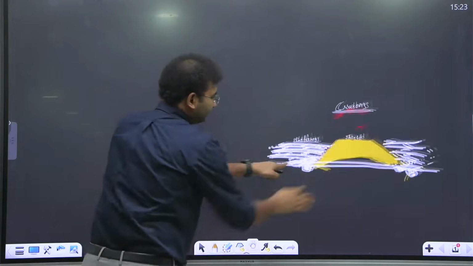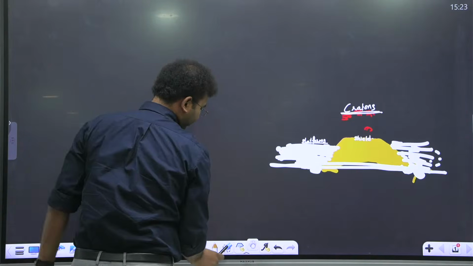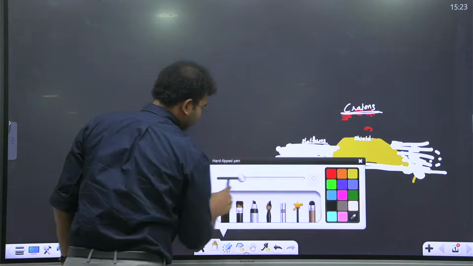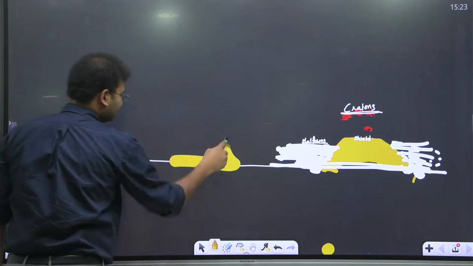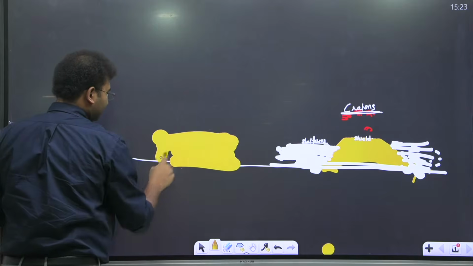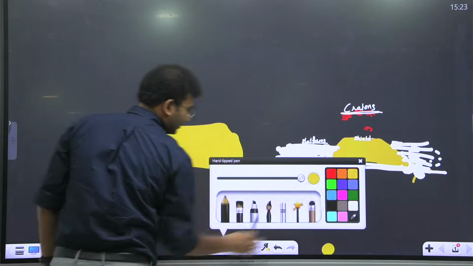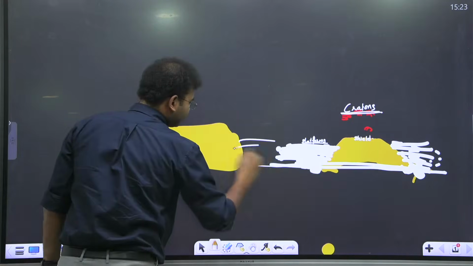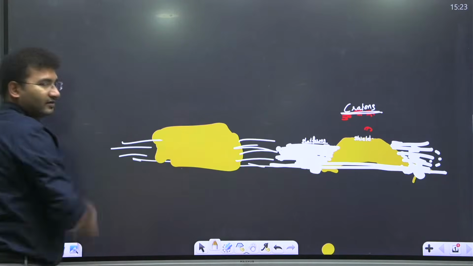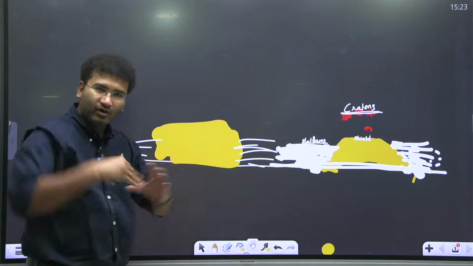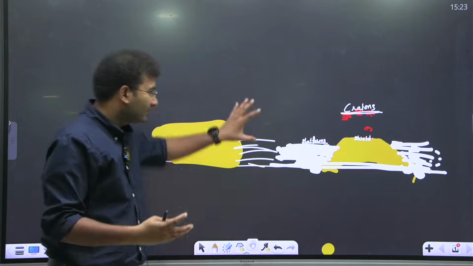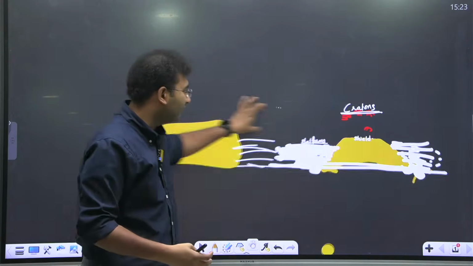Imagine this is another shield with platforms. These two can collide with each other, fold, anything can happen. Now let's say India is a collection of these.